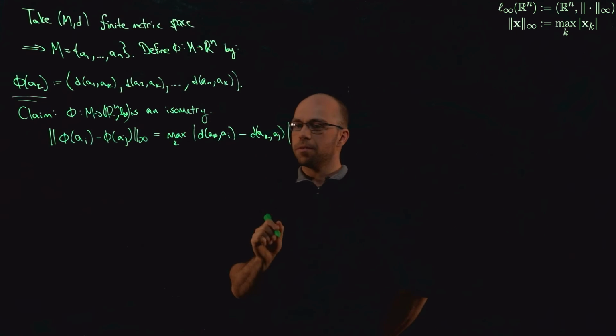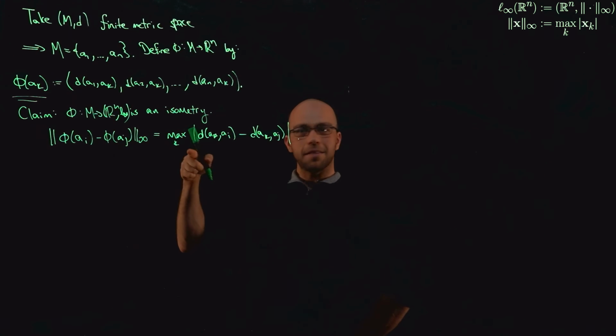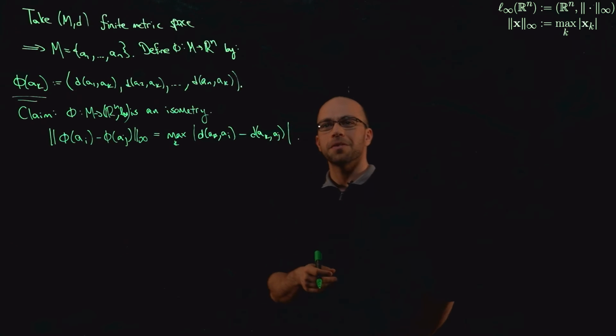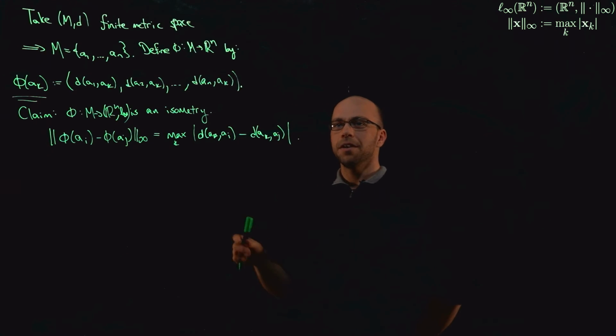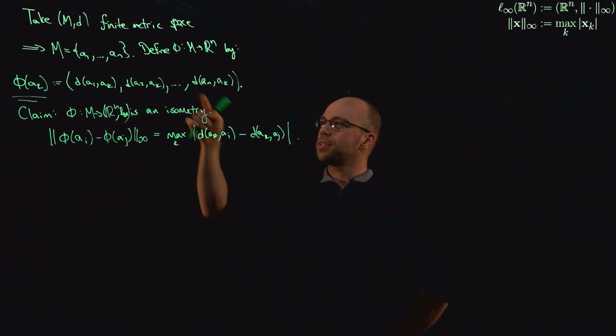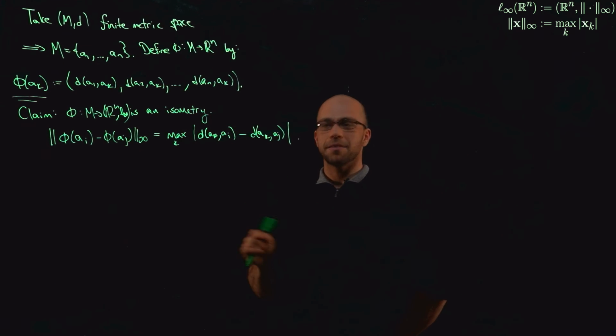So this basically gives us the elements of the distance matrix that we're working with. In particular, what do we need to show? We need to show that this expression on the right-hand side recovers the original distance metric d between the a's.